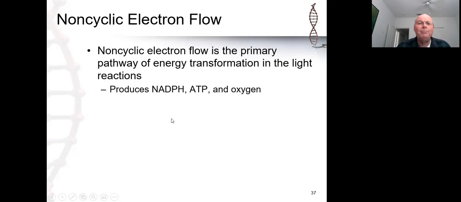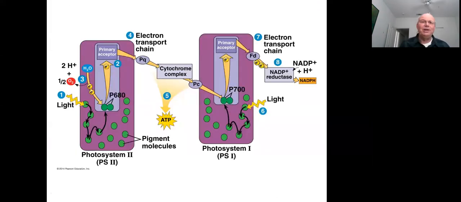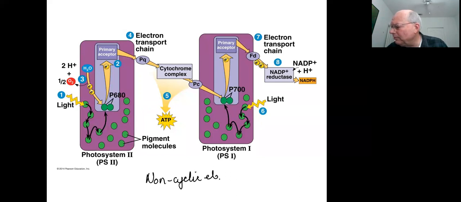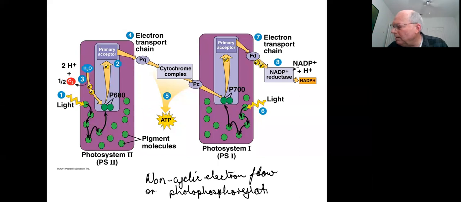So let's take a look at the way in which this is done. This is referred to as non-cyclic electron flow or non-cyclic photophosphorylation, because we do wind up phosphorylating an ADP to make ATP.